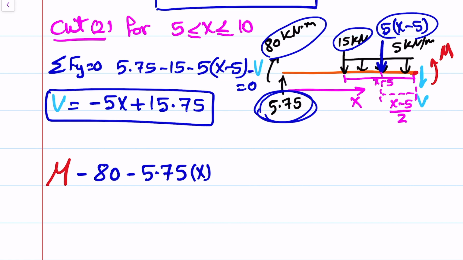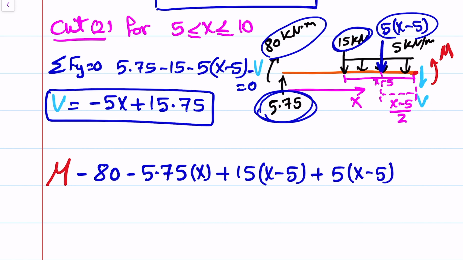And then we have two positive moments, one from the 15, positive 15 times this distance, which is x minus 5, and then positive 5(x minus 5) times this distance, which is (x minus 5) over 2. So I will make it this square over 2, and this will equal 0.